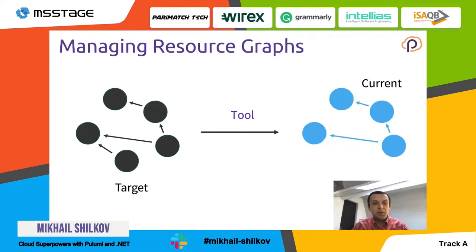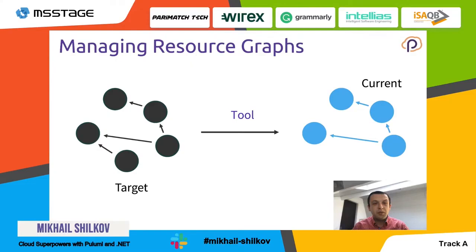And a useful way to look at those states is to define them as graphs, basically. Graphs of resources, where every node in a graph is one resource that needs to be deployed, and edges or arrows in that graph are dependencies between resources.